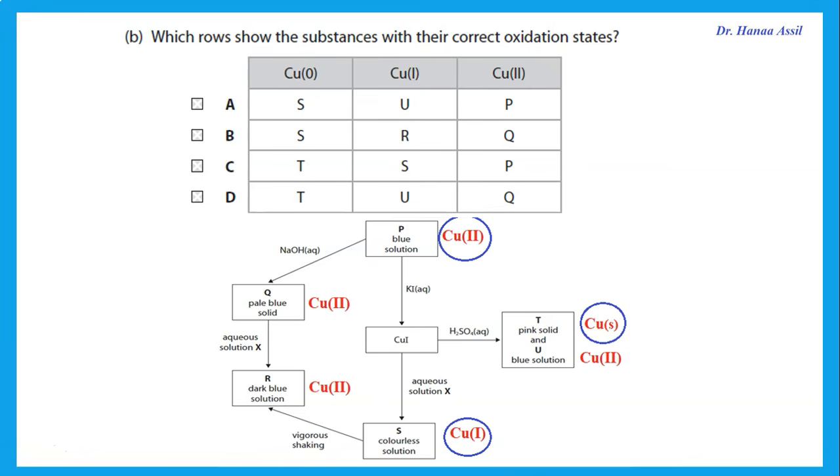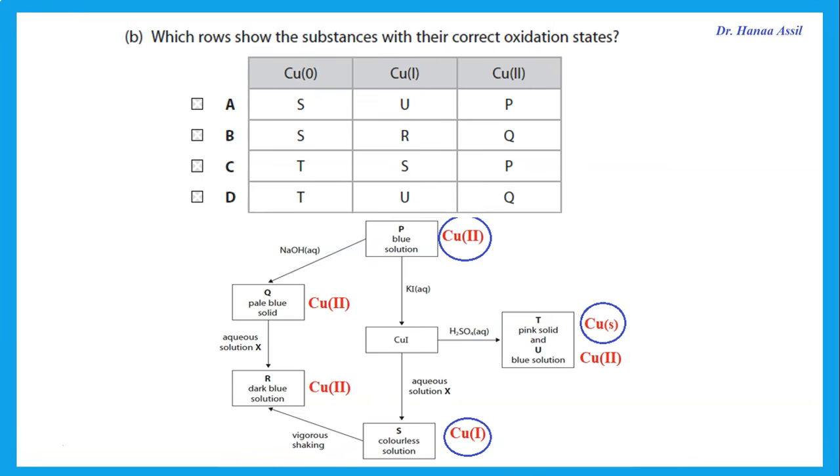So all of these are copper 2s. Now, when we react it with potassium iodide, we are being told that it gives CuI, and that means that is Cu with plus 1. And if we add the aqueous solution X, then S is copper plus 1.